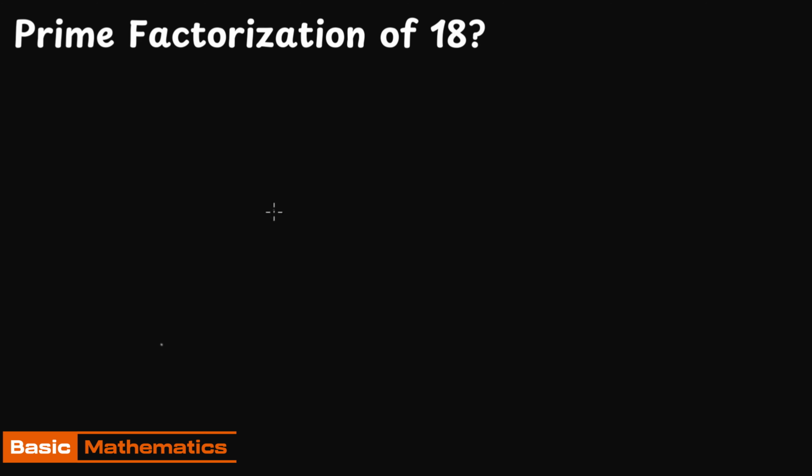Let's start with 18. Let's find the prime factorization of 18. What we do is this. Step 1, we draw a straight line and we cross it. Write the number 18 right here. Then we start with the division. So we start with 2.